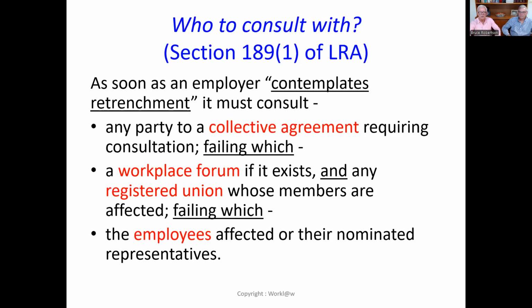You've got a majority union, you have a collective agreement with it that requires consultation, you consult with it, you agree all aspects of the retrenchment with it: who's going to be retrenched, what criteria are applied, what severance pay is payable, the timing when the retrenchments are going to occur. And you extend that agreement to cover all employees in the bargaining unit, and a minority union that would have been consulted at the next level down is not consulted at all. And you can ask yourself how fair or unfair you think that is.